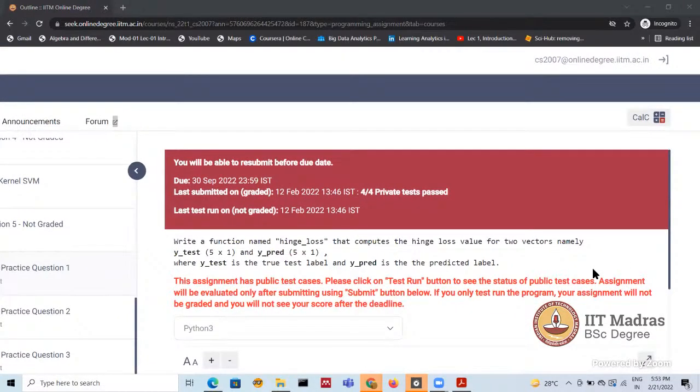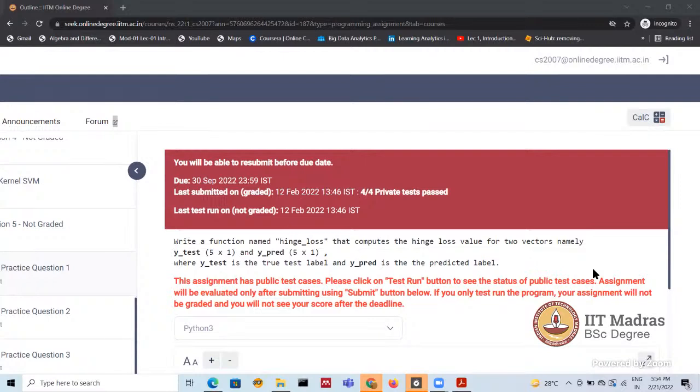Okay, so the task given is you have to write a function with the hinge loss so that it considers two vectors, the test vector y test and the prediction vector y pred, and the function should return the loss value. We have seen the hinge loss equation, right?